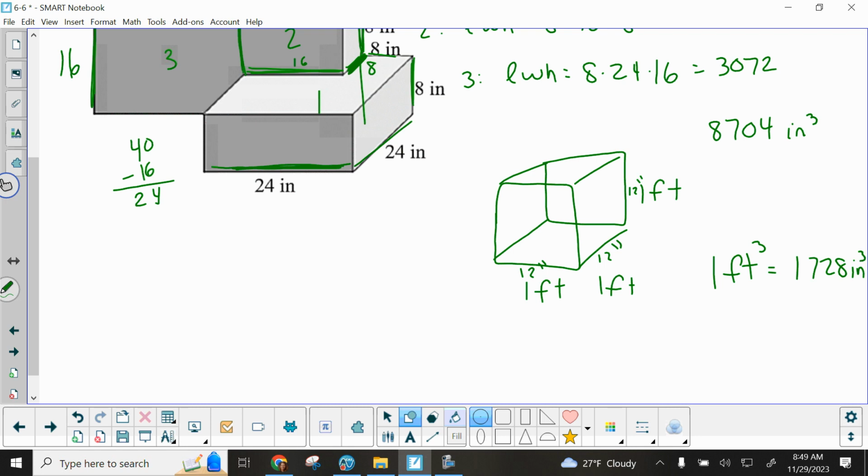So now I want to take 8,704 cubic inches and I want to convert it into cubic feet. So that means I have to write the 1,728 cubic inches here, and that is the same as 1 cubic foot.